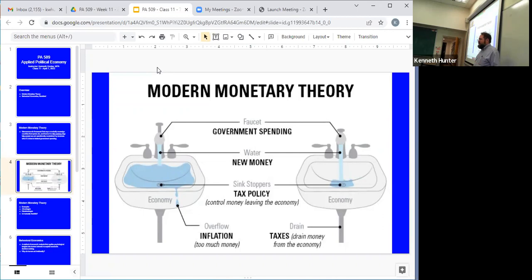The tax incentive or the tax credits that we received in the form of bonus payments during COVID would be an example of government spending. The various pieces of legislation that were passed during COVID to provide supplemental or relief funds was an example of government spending. The annual budget's an example of government spending.